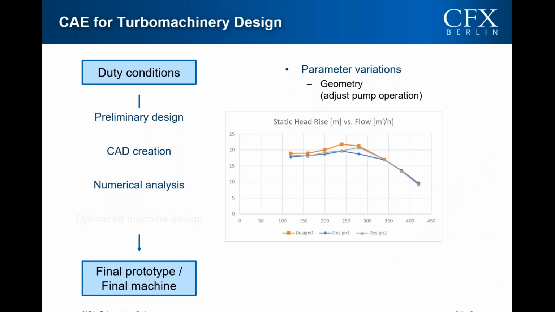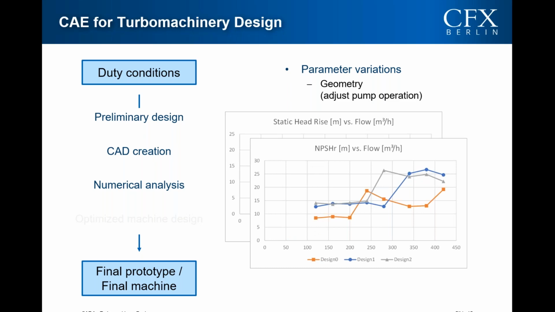And here are the results of those two modifications. Static head reduced, and the required net positive suction head was improved, at least for the best efficiency point, but not for off design conditions, as you see here.